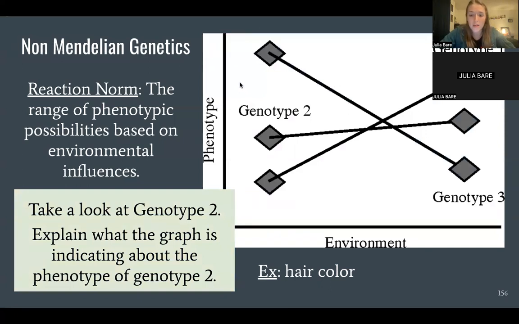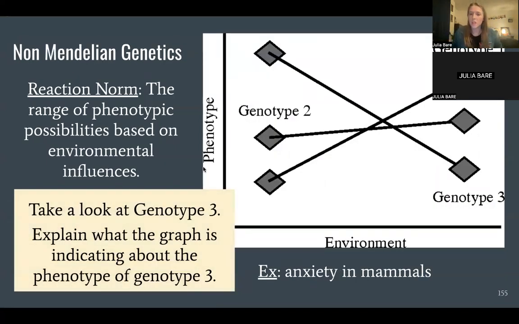So take a look at this graph. Let's say that we're looking at anxiety in mammals. So for example, humans are not the only mammals that experience anxiety. Cheetahs also experience anxiety. Now, here's the issue. Cheetahs tend to not experience anxiety when they are in native habitats, or they experience less anxiety when they are in their native habitats.